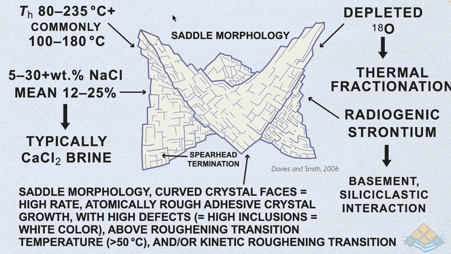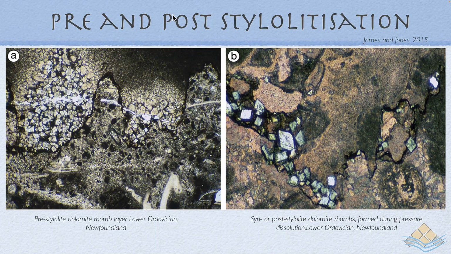They range between 5 and 30 weight % sodium chloride, so they tend to have basinal saline fluids, calcium chloride brines, and they tend to show quite depleted oxygen isotope signatures related to thermal fractionation. They also quite often are associated with strontium 87/86 ratios indicative of input from basement.